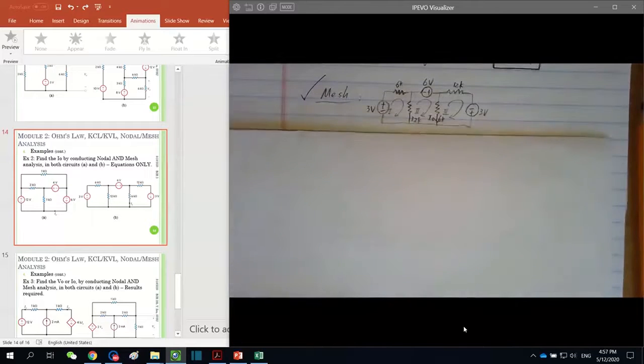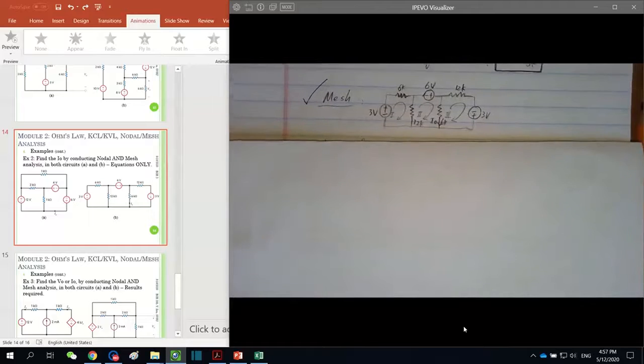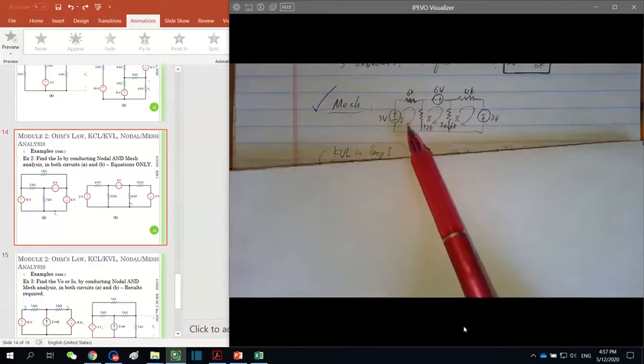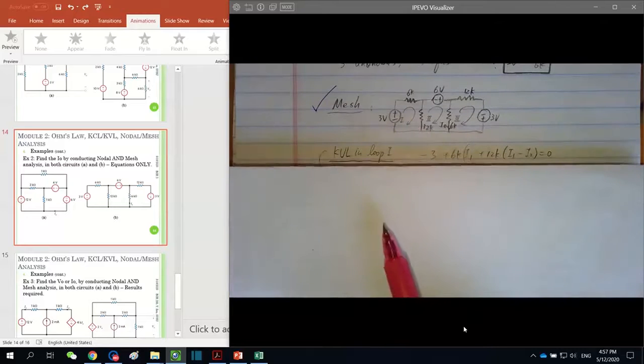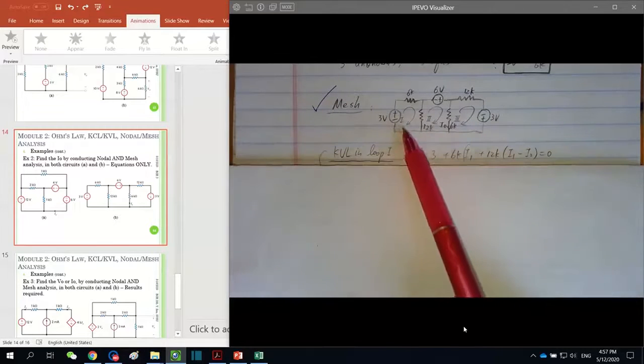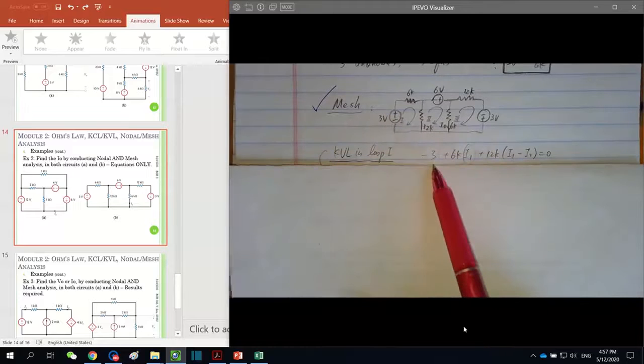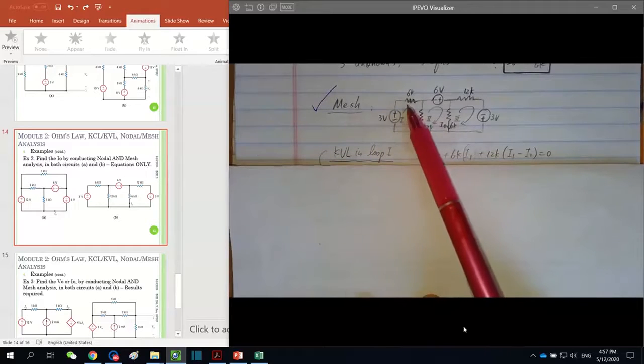Now let's try the mesh. 3 meshes, 3 equations. So in mesh 1, I1, we have this equation. Rotating clockwise, you come across negative first, followed by positive here, therefore -3 volts. And then you keep rotating, you come across the voltage across 6K.